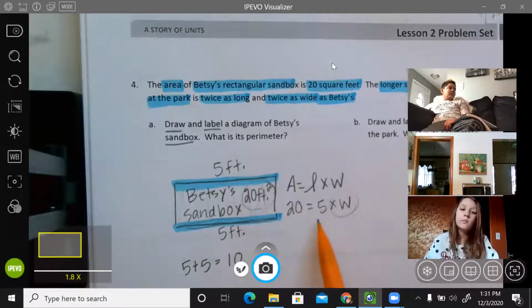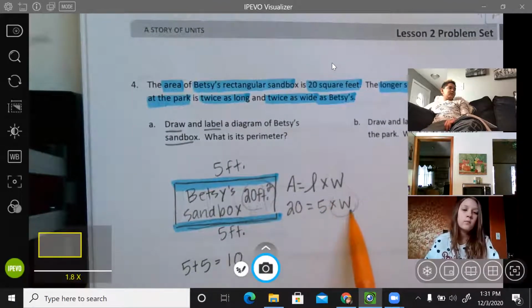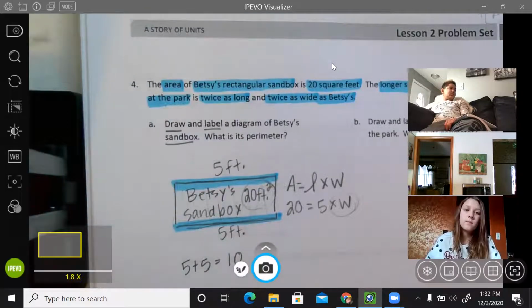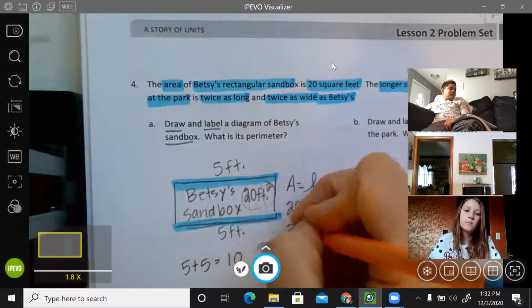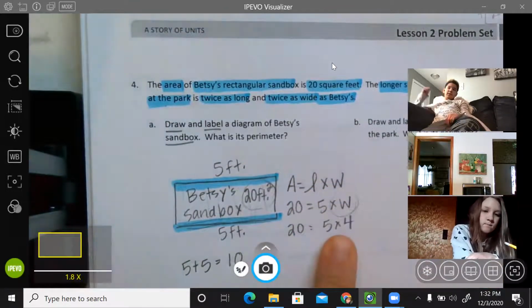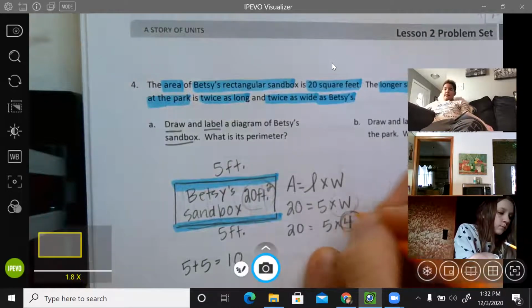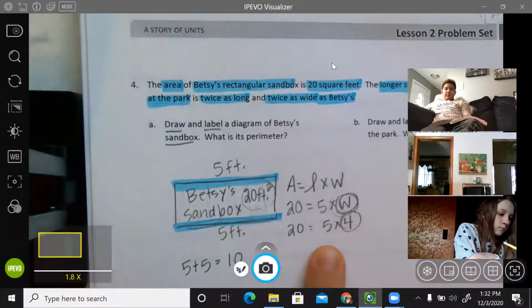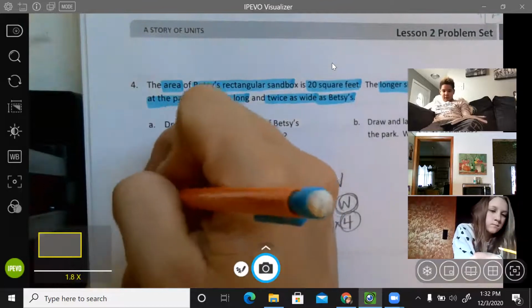So this is asking you, 5 times what gives me 20? And that what? Times 2. 5 times 2 equals 10. Oh, times 4. Okay, so this equation, 5 times 4 equals 20. So that tells me the width is what? 4. 4 feet. Mhm.